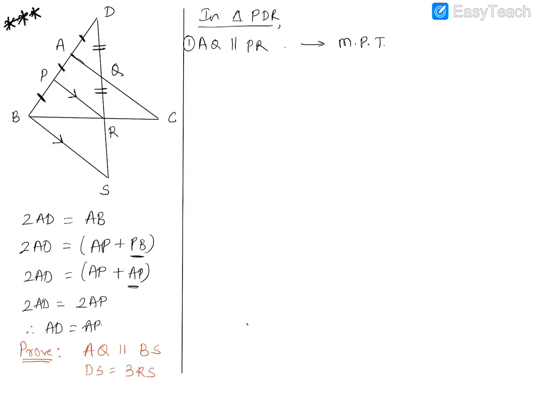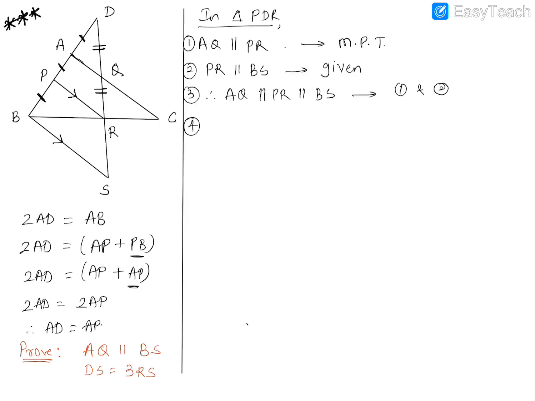Now also, if you notice, we are given in the question that PR is parallel to BS. What is the reason we are going to write for this? Given. Now what can we say? Therefore AQ is parallel to PR is parallel to BS. Reason: from 1 and 2.